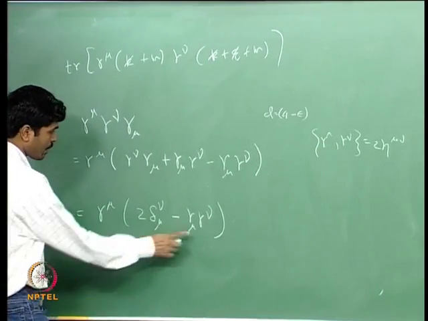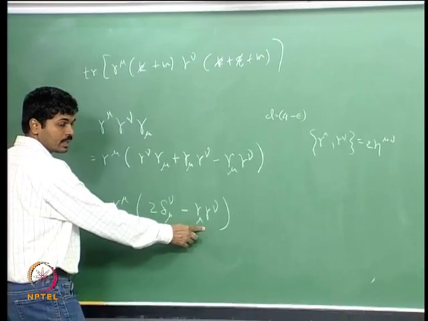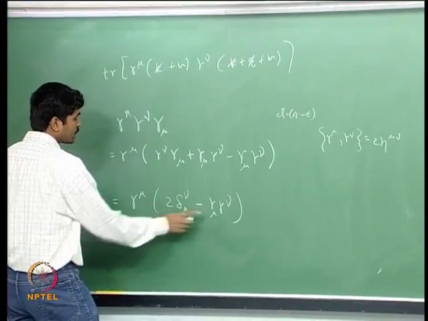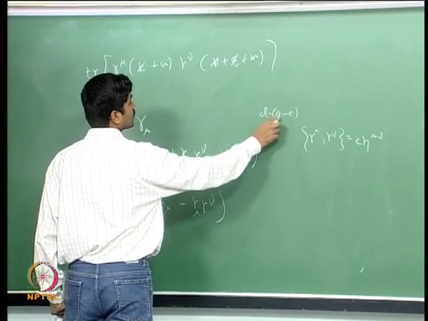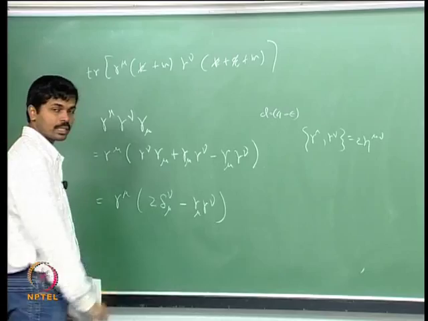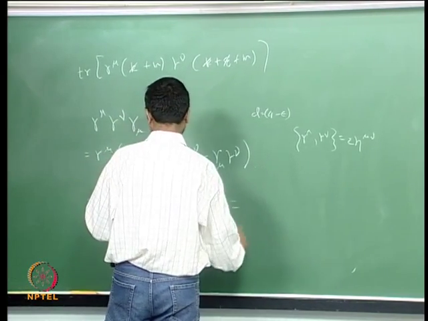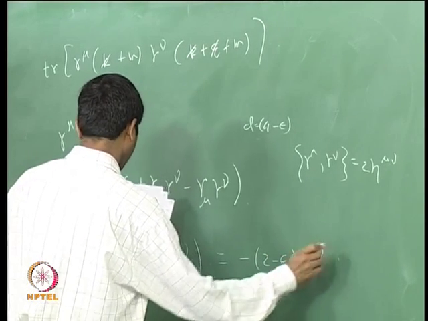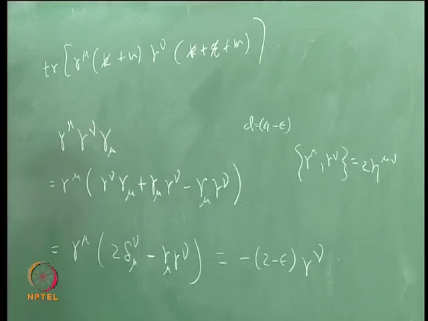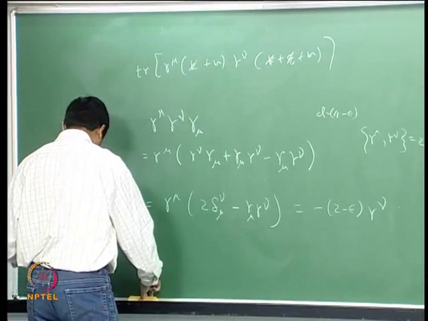So, when you do gamma mu gamma mu, this will be the trace of identity, and this trace of identity, instead of 4, is simply given by d, which is nothing but 4 minus epsilon. So, when you substitute that, at the end of the day what you will get is minus (2 minus epsilon) gamma nu. So, the epsilon will appear in identities like this.